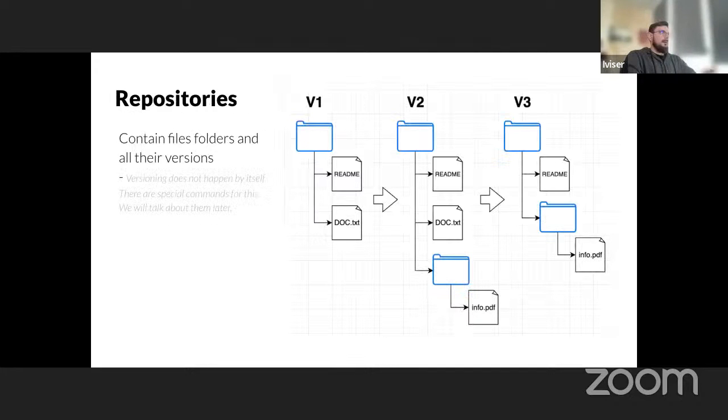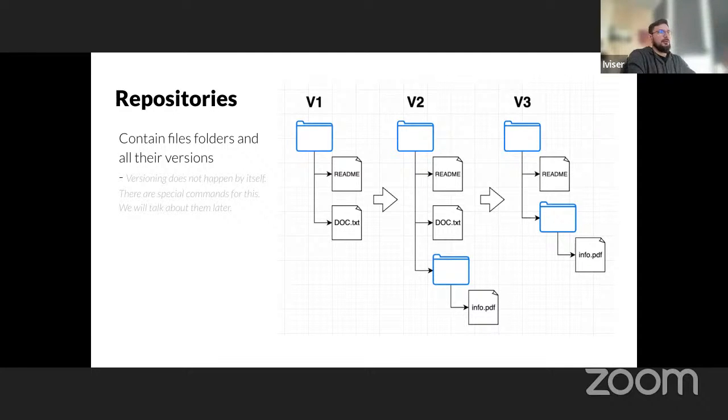So we'll start from basic concepts now. And the first one is repositories. What is it? A repository is just a directory that contains all the files and nested directories with files that you are working on.